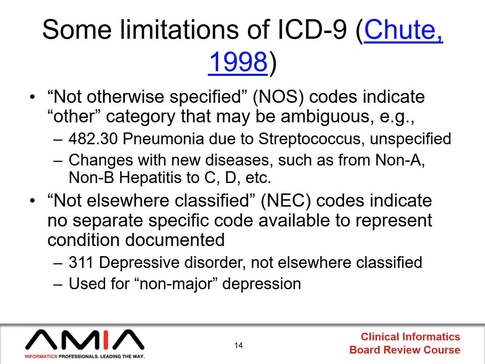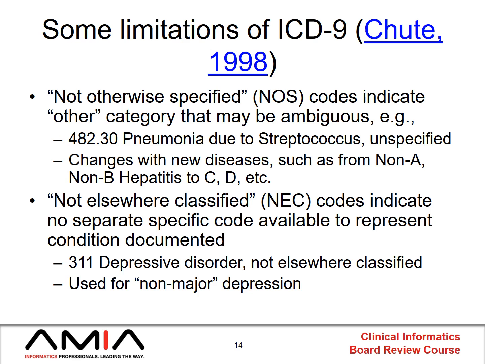There are a number of limitations of ICD-9 that have been well described by Shute. Most of these stem from the use of codes that state things like not otherwise specified or not elsewhere classified. The not otherwise specified codes are usually a wastebasket that include other things that have not been specified, and there is perhaps no better example of this than, over the years, the evolution of our understanding of viral hepatitis.